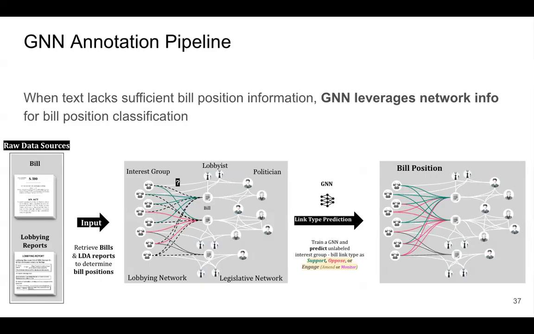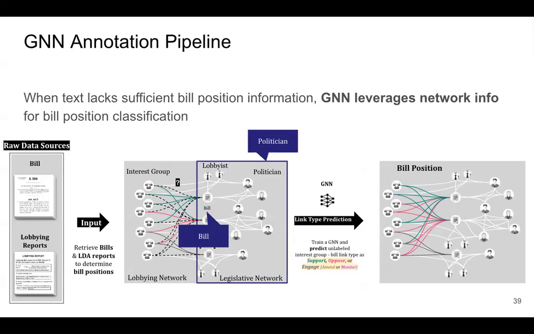The reason GNNs work well is that you have this really huge network of the interest groups, which are either corporations or citizen groups, or organizations that represent certain industries. And then we have the lobbyists, and then we have the politicians. They're all linked through these lobbying reports.